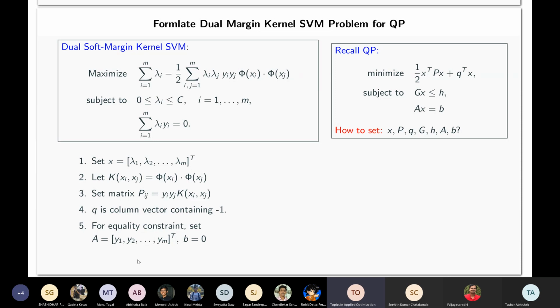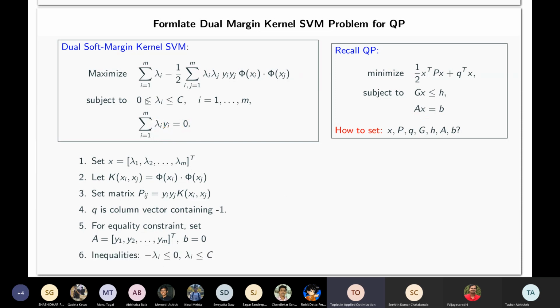OK, and then for the equality constraint, what do we need? Equality constraint is here, right? So this is your X. The A matrix seems to be a row vector like this, and if I multiply the row vector with X, I will get sum of lambda I, yi. And B in our case is 0, because this is 0 here.